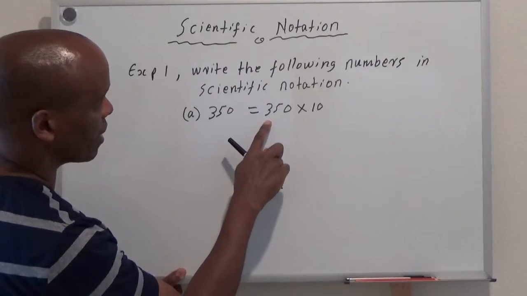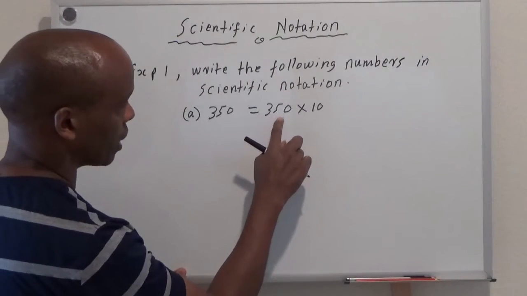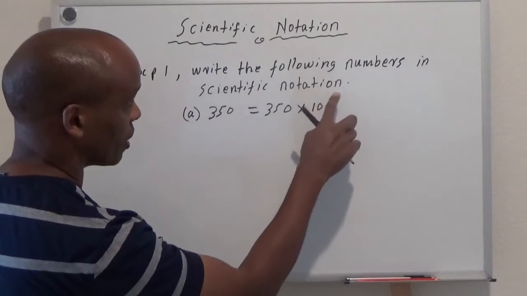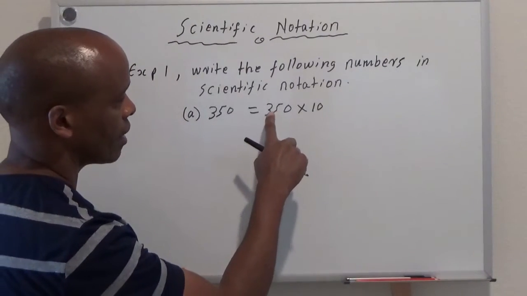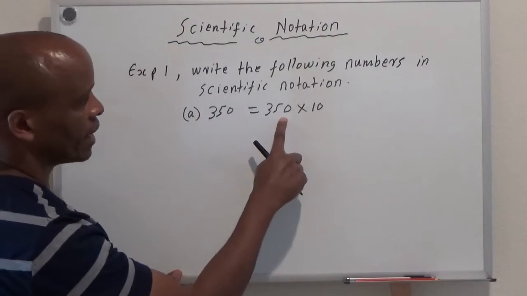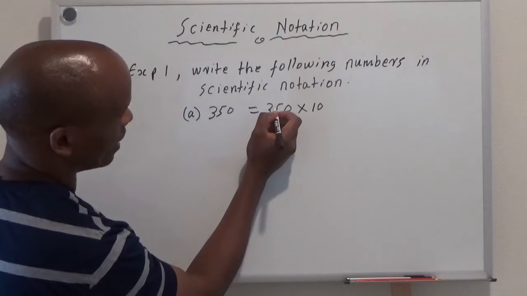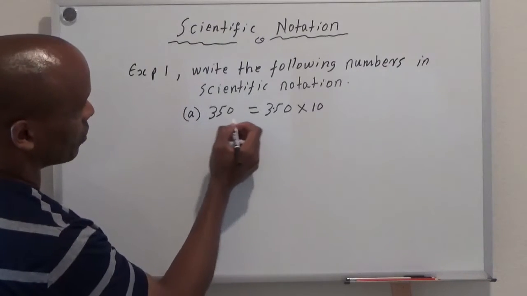I need a number between 1 and 10. The only way to get a number between 1 and 10 is to have the point right there. Right?